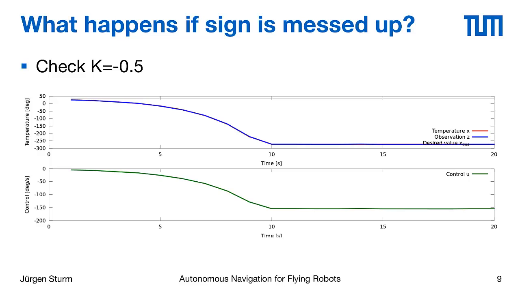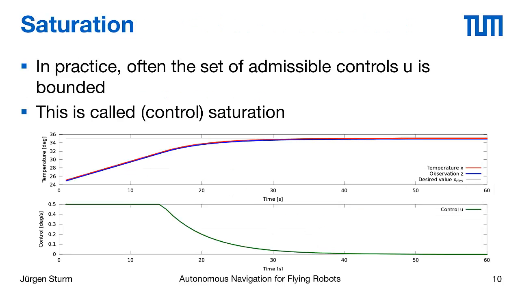But at the same time, you can also have saturation in your control space, which means that you can't arbitrarily fast open the valve for hot water, for example, or you can't fly or accelerate arbitrarily fast with a quadrotor. And this is then called a control saturation, which just means that your control has a maximum and a minimum value that you can give.